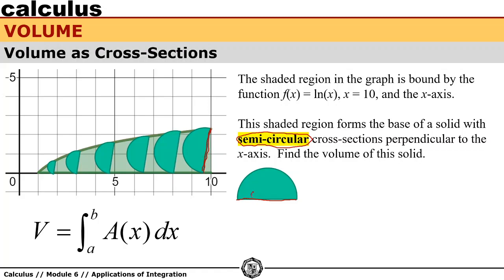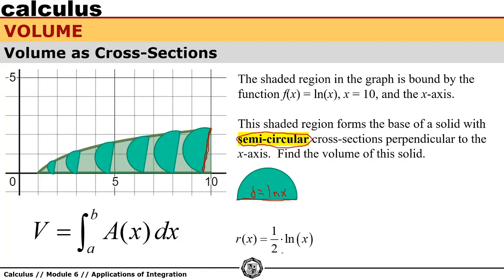And so that means that our diameter here is going to equal the natural log of x. Okay, now you will hopefully recall that if you want to get the area of a semicircle, you're going to need to do the area of a circle, which would be pi r squared, and you would have to find the radius. All right, now since the diameter of the circle is the natural log of x, the radius of the circle is going to be half of that.